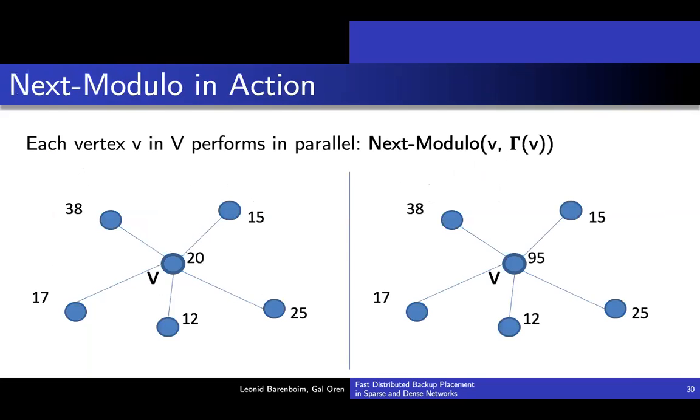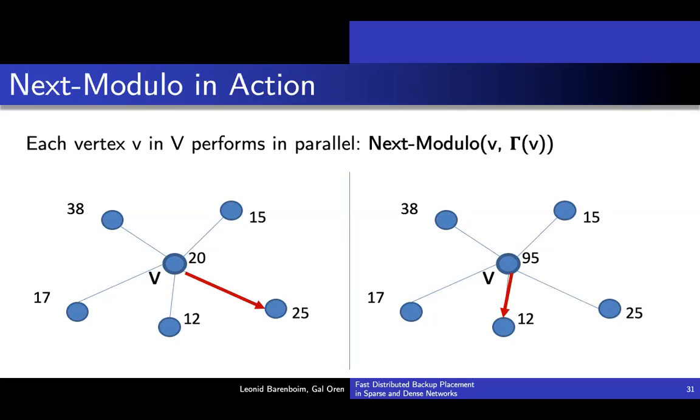Let's zoom in to see exactly how each part of the algorithm works and how we prove its correctness. First, next modulo. As we said, each vertex V in V performs this operation in parallel. We have two cases here to demonstrate that action. On the left, V equals 20, and on the right, V equals 95.